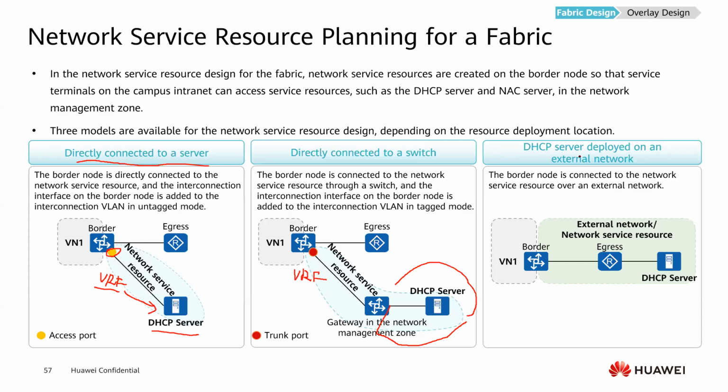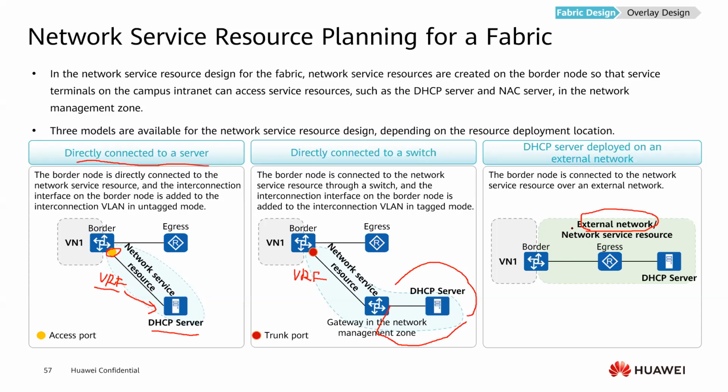And the final one is the DHCP server deployed on an external network. That means you can only use the external network to connect to the DHCP server. So in this scenario, the builder will not create any static route for the server, but you will create an external network. When you create the VNs, it will invoke the external network that the VN can access.